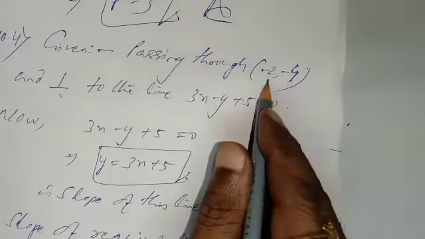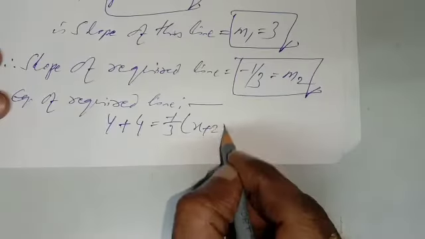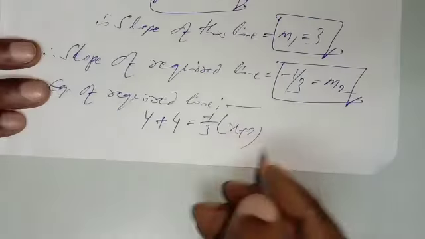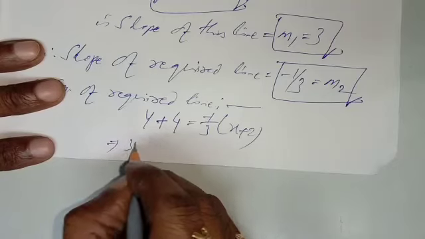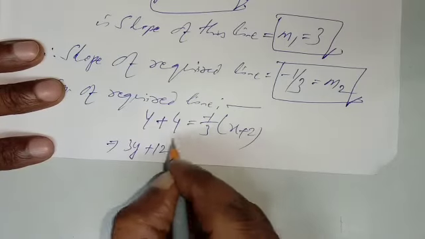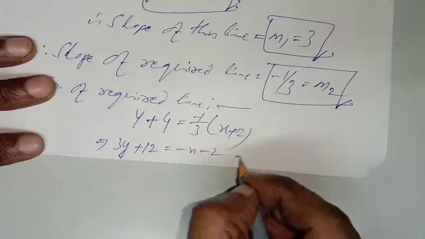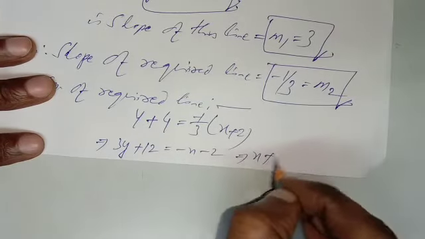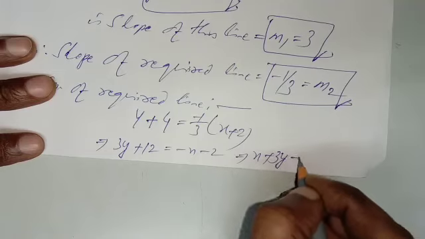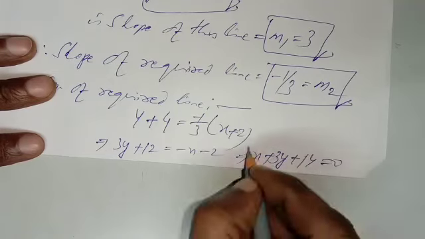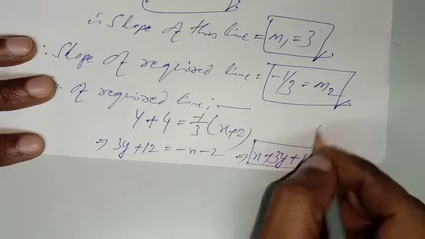Minus 2. So this will be plus 2. Okay, so finally what will we get here? 3y plus 12 is equal to minus x minus 2. This implies x plus 3y plus 14 is equal to 0. This is the equation of the required line.